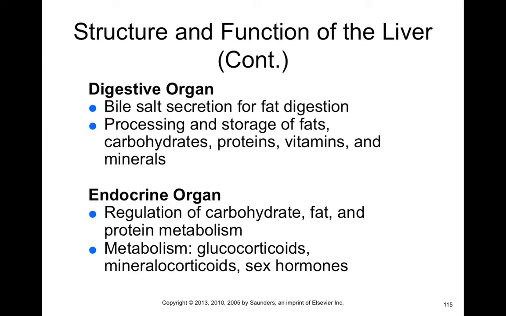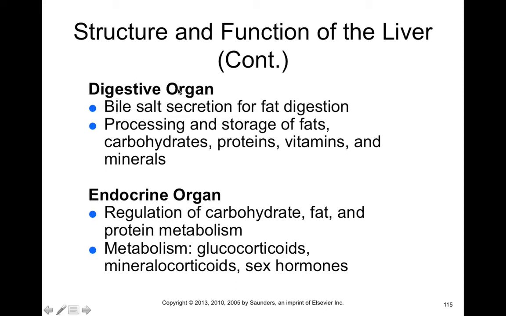And so in order to increase the surface area for digestion on those fat globules, bile salts help emulsify those fats, or basically break apart a larger fat globule into smaller pieces.